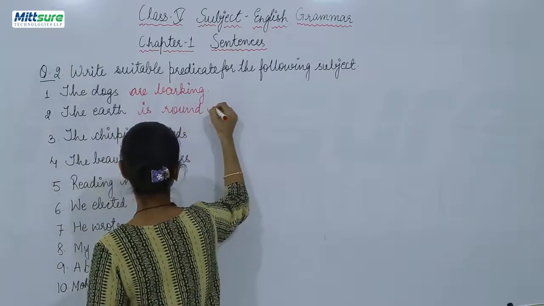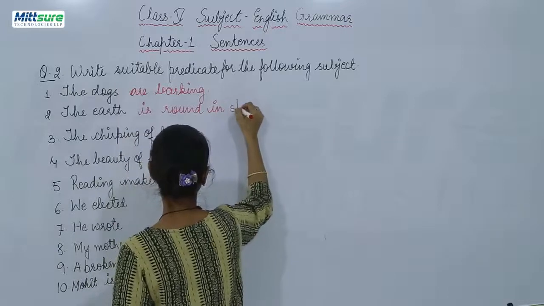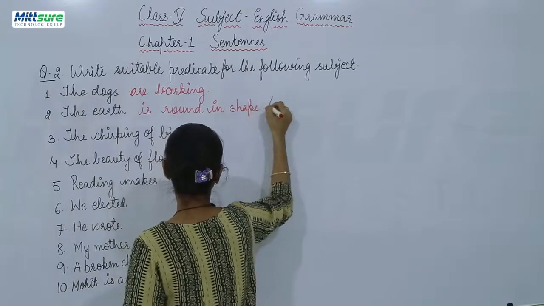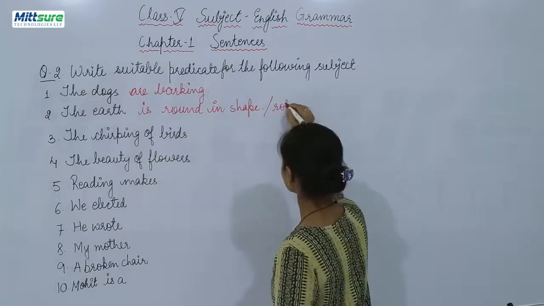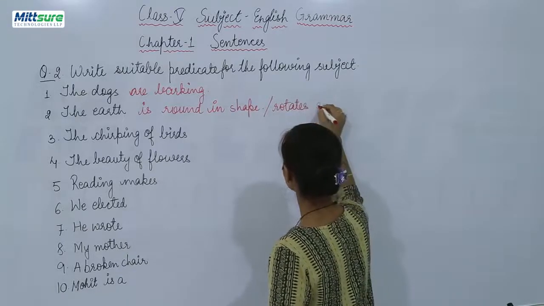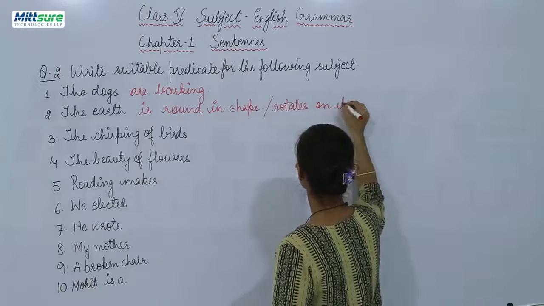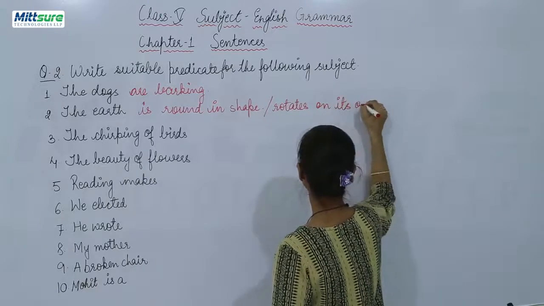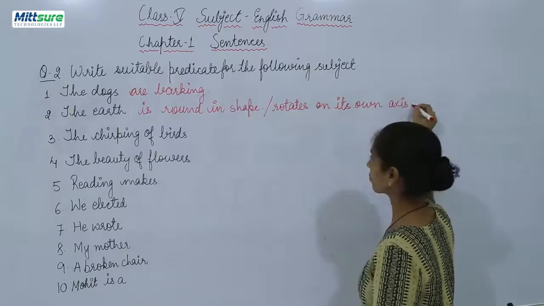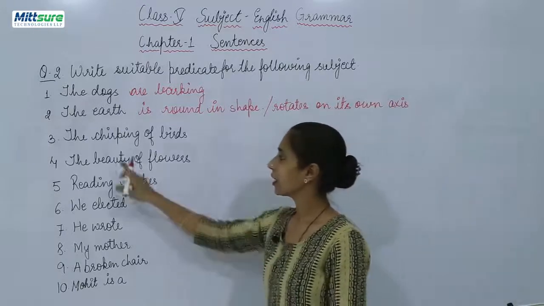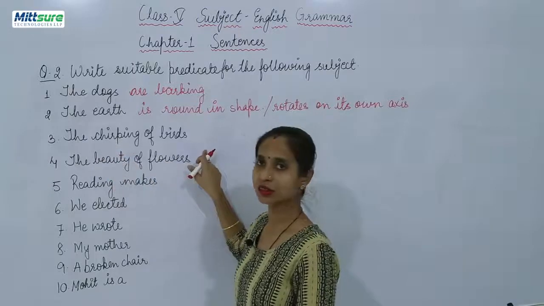Round in shape, or you can also write the earth rotates on its own axis. Both are right? Fine.